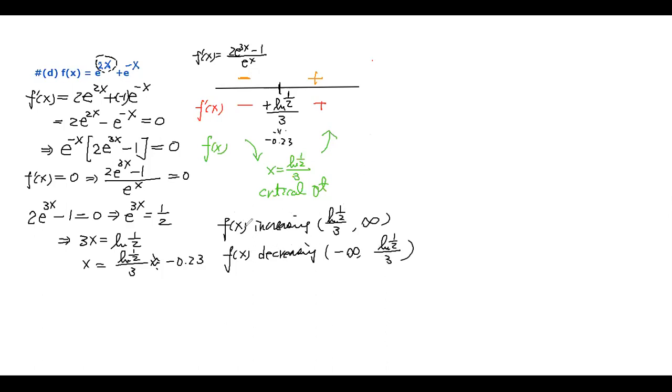So the critical point here is just x equal to one third natural log of 1/2. Then you put this number into f, so it's f of one third natural log of 1/2.